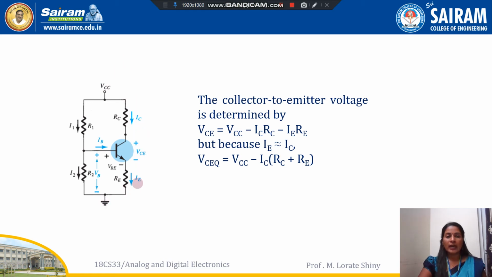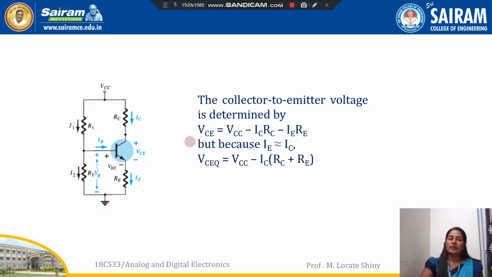We consider only that, and we apply Kirchhoff's voltage law to the output circuit, from VCC to ground. We get this equation: VCC minus ICRC minus VCE minus IERE equal to 0.